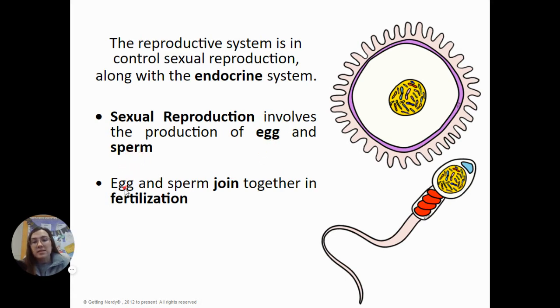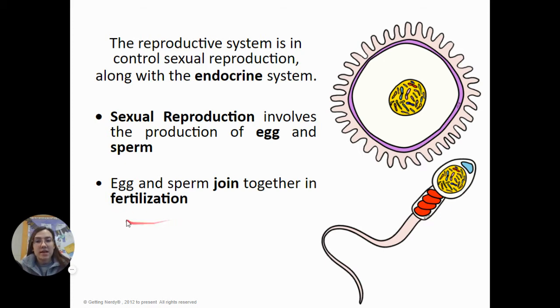What happens is the egg and the sperm have to come together. What you can see in this picture here represents an egg, and we'll see a video later on. Millions of sperm have to swim up and try to be the first one to join with the egg. The egg will actually let the sperm pass through its cell membrane, and then they can be what we call fertilized.